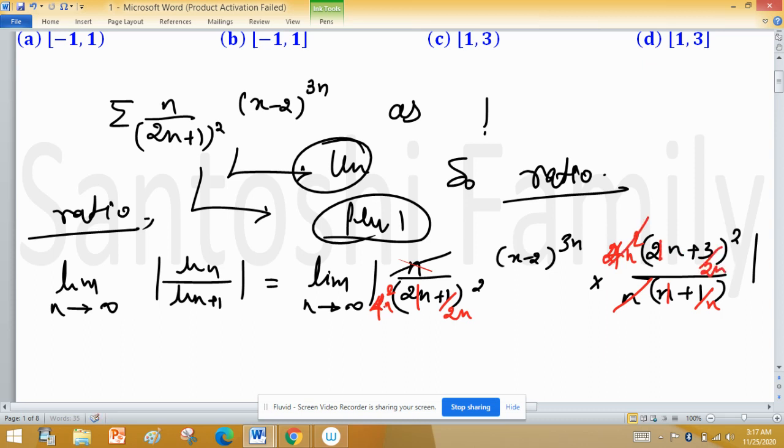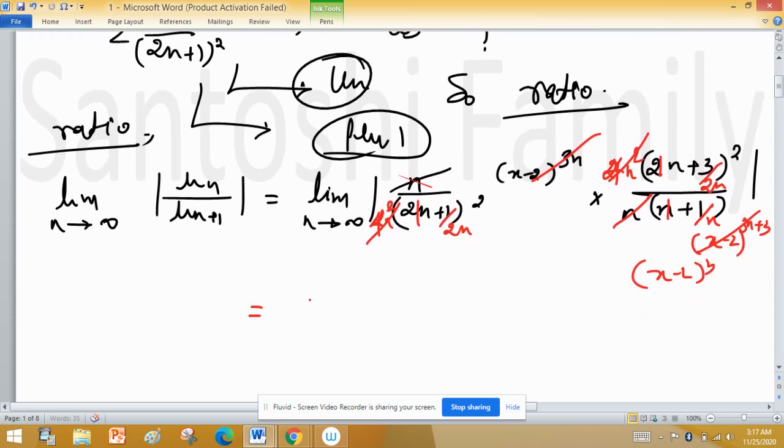So this 4n square cancels out by this 4n square, and (x minus 2) raised to the power 3n, here will come (x minus 2) raised to the power 3n plus 3. So the 3n power cancels out and (x minus 2) raised to the power 3 will be left.